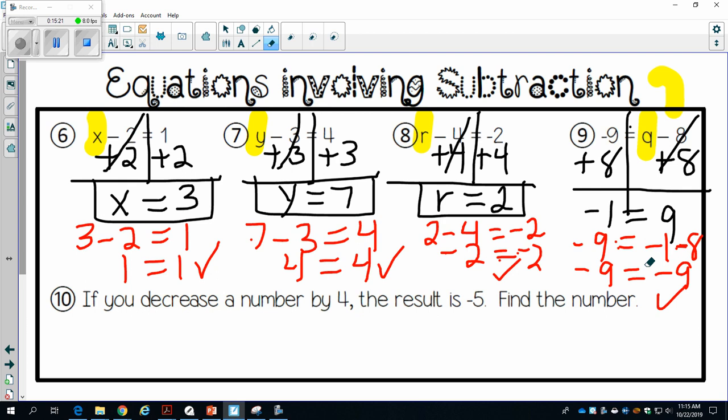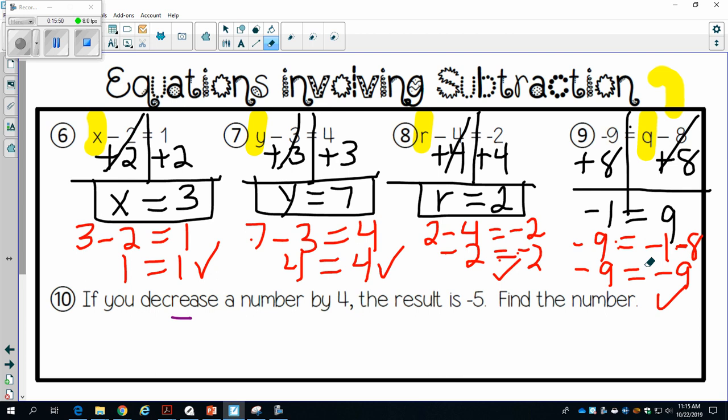Okay, let's look at number 10. We have another example where you are decreasing a number by 4, and you have a sentence this time, and you're going to translate that into a subtraction equation, and then you're going to solve it. So we're decreasing a number by 4. Okay, so when you decrease, we're subtracting. Let's think about what we are subtracting.